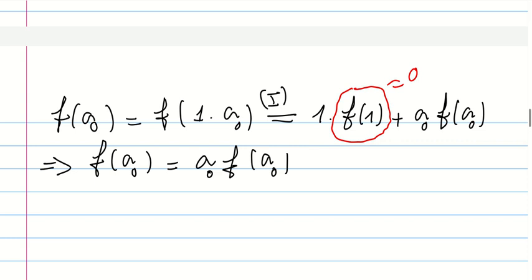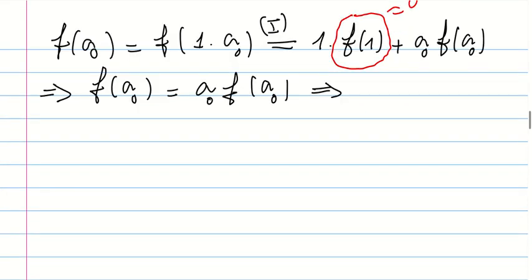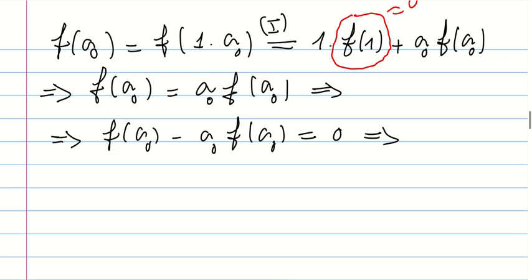Then we have f of a 0 equals a 0 multiplied by f of a 0, and this implies that f of a 0 minus a 0 multiplied by f of a 0 equals 0, which is the same thing as 1 minus a 0 multiplied by f of a 0 is equal to 0.